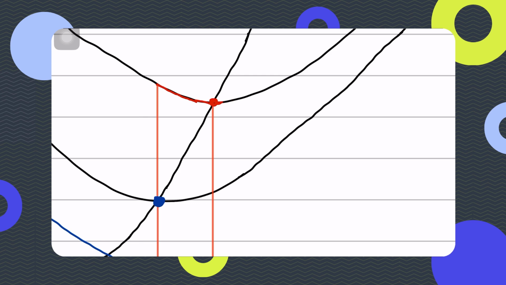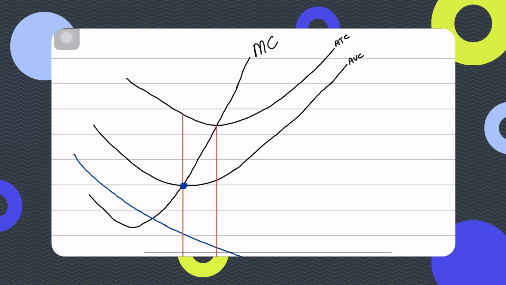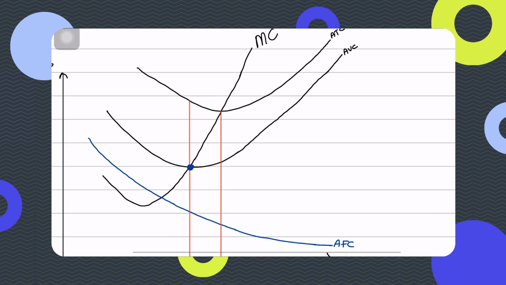The reason why this is happening is that you need to understand that the average variable cost excludes your fixed cost. It only reflects variable costs like labor or raw materials per unit. And the average total cost includes both your variable and fixed cost.